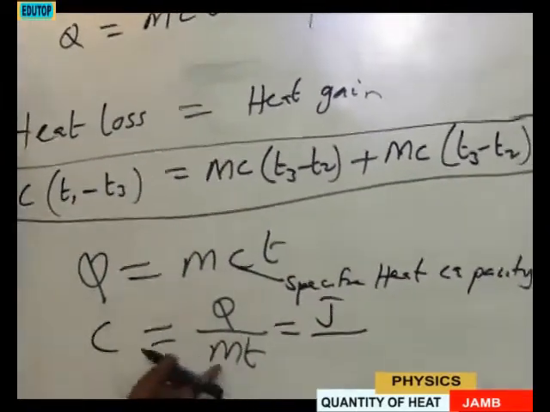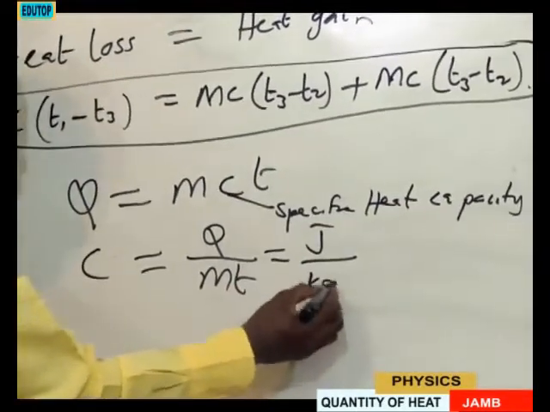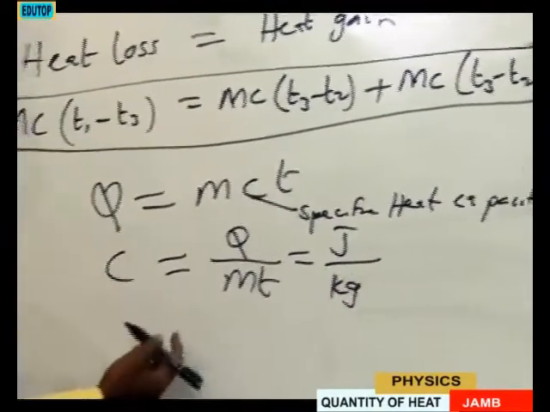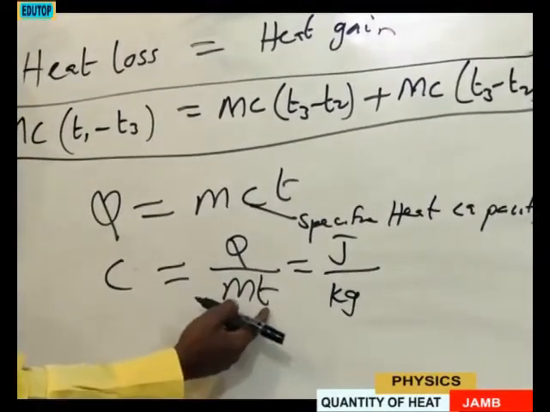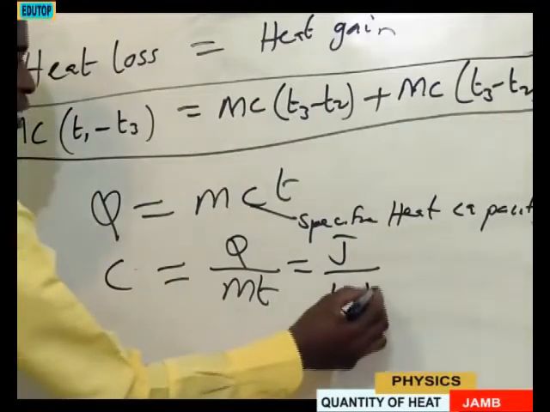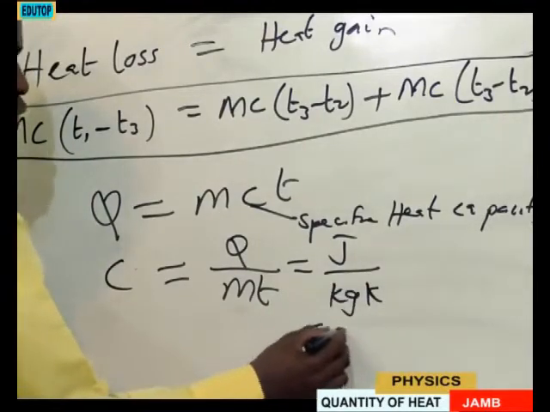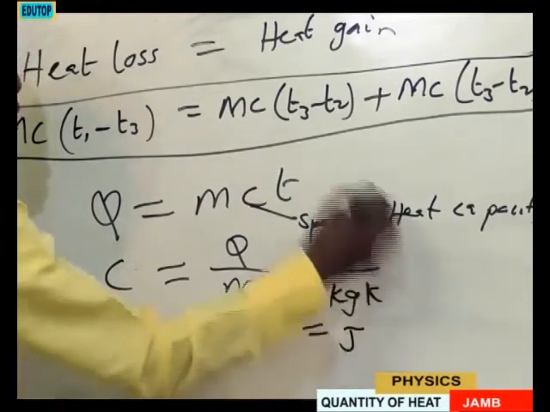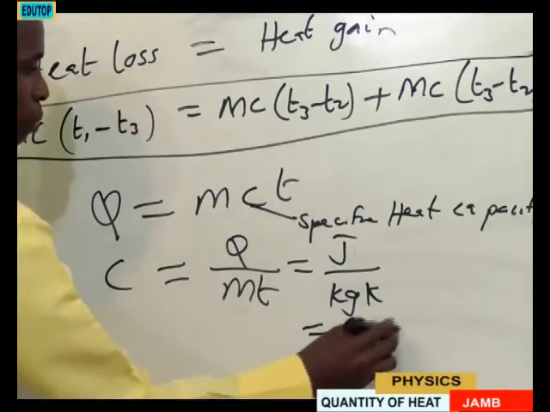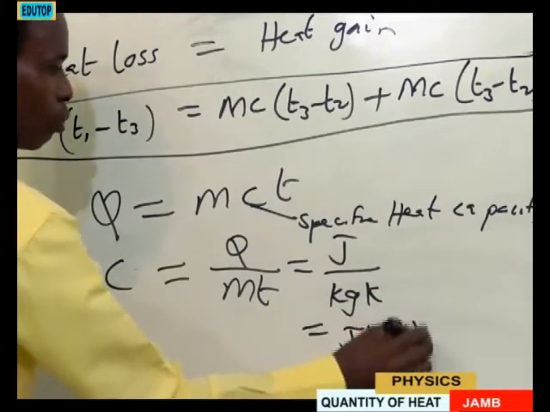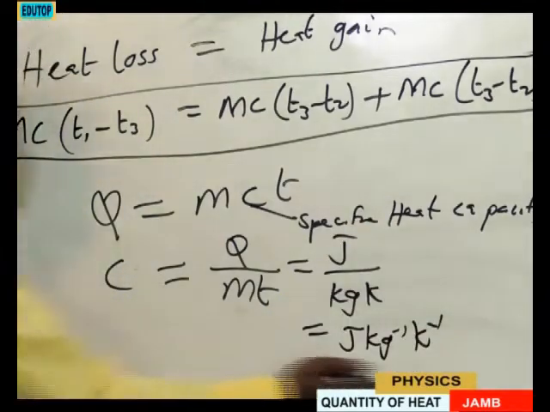The unit of mass is kilogram. The unit of our temperature T is Kelvin. If you put it together, joule per kilogram per Kelvin, and that's the unit of specific heat capacity.